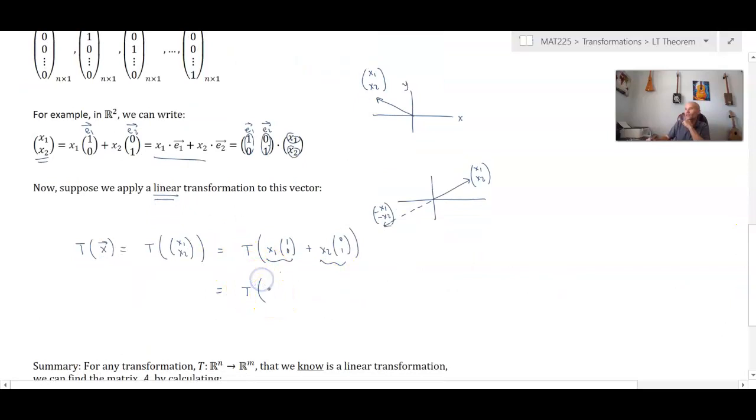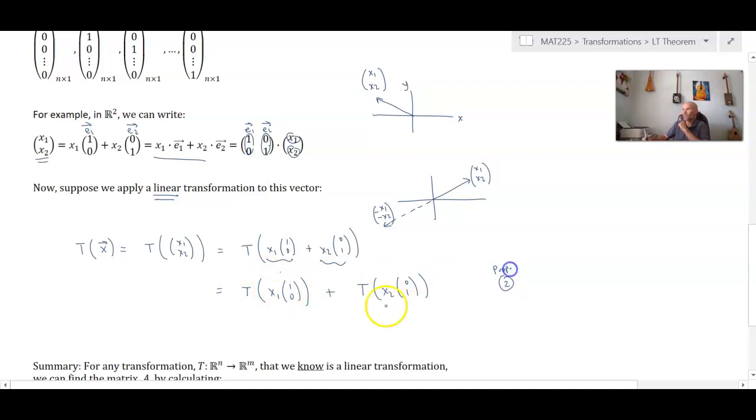The only reason I can do this is because I know that I'm looking at a linear transformation. Intuitively, you can think of the function as distributing to the two vectors. And now I have a scalar times a vector, and so this was property 2.